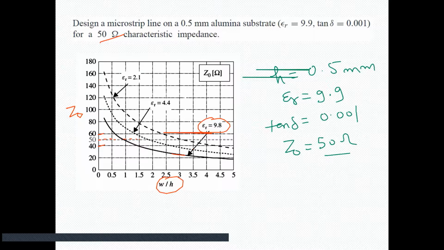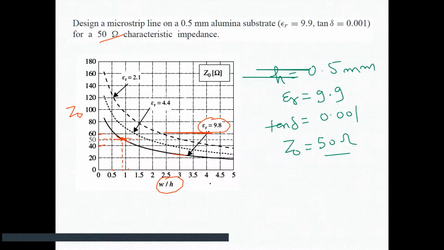For this graph we have to find the value of W by H. Here you can see that this graph and this 50 ohm line intersect at this point, and this point is approximately 0.9, because 0.5 is here, 1 is here.